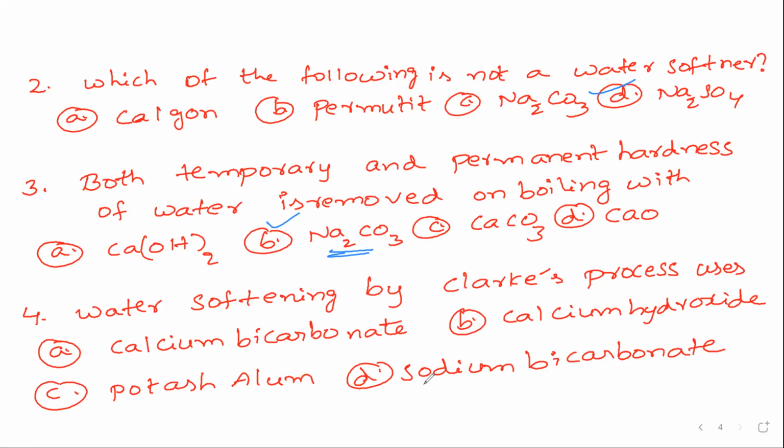So we already know a calculated amount of lime is added for water softening by Clark's method. So the answer is the second option, that is calcium hydroxide. In Clark process, a calculated quantity of lime is added to hard water.